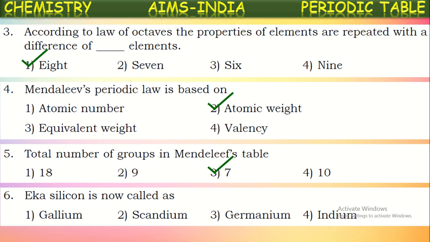That's why he named that element eka-silicon. Later, scientists discovered that element and named it germanium. So germanium was earlier called eka-silicon before its discovery. In the same way, eka-boron was found as scandium and eka-aluminium was found as gallium. Now here, eka-silicon is germanium.